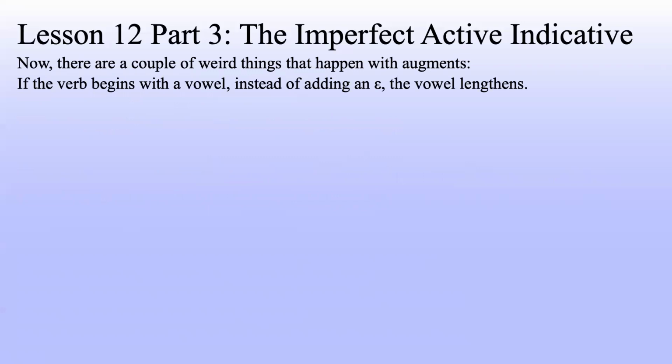If the verb begins with a vowel, instead of adding an epsilon, the vowel lengthens. Now I don't think we've talked about vowel length very much before. We've said before that Greek has 7 vowels. 3 of them form their own long; the vowel itself can be long or short. Iota is like that. Iota can be short or long, depending on what it's doing.